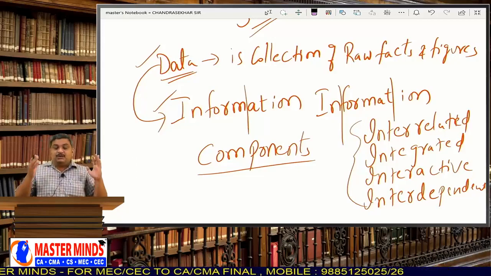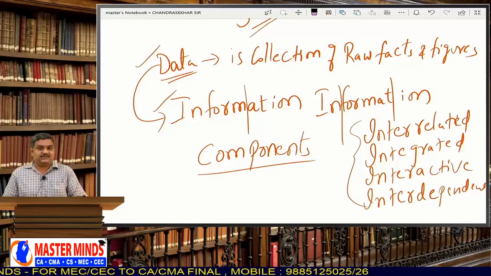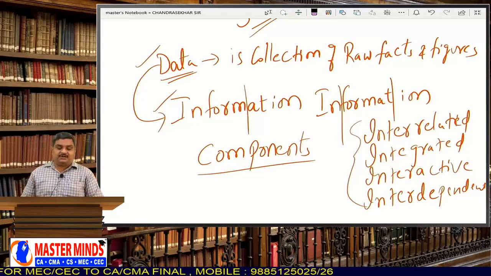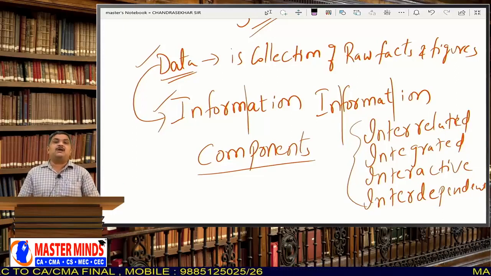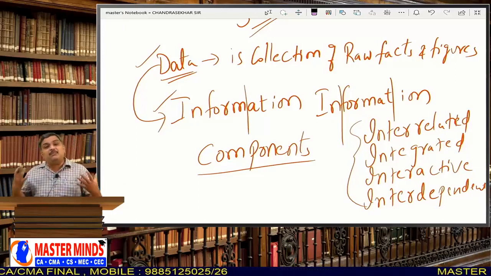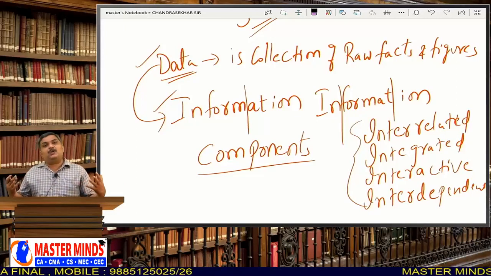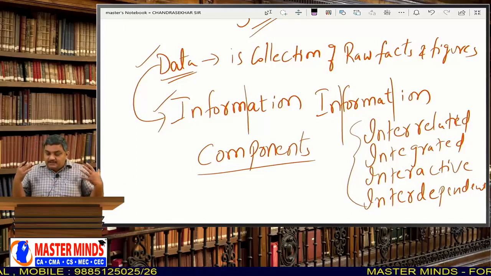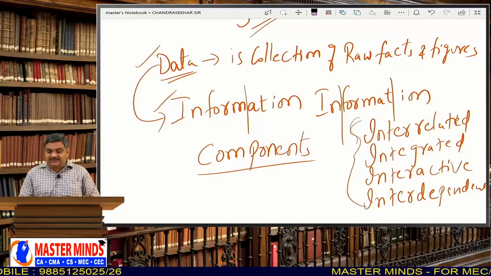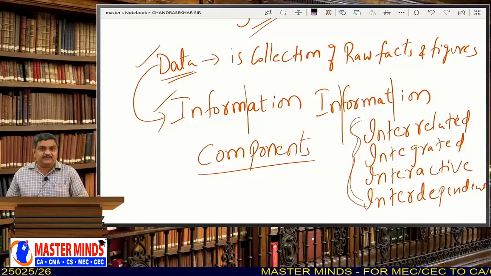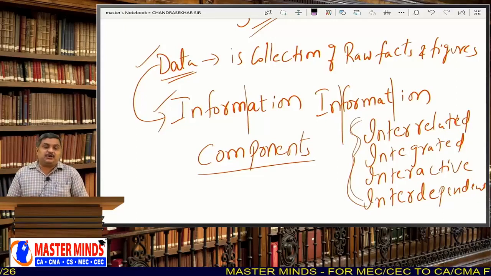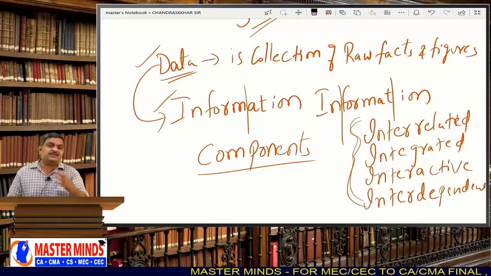That is the basic definition of a system. If you take that definition, the first thing that comes to our mind is our human body, because it has a number of components, all working by exhibiting these four characteristics. Hence, we can say that our human body is a perfect system.